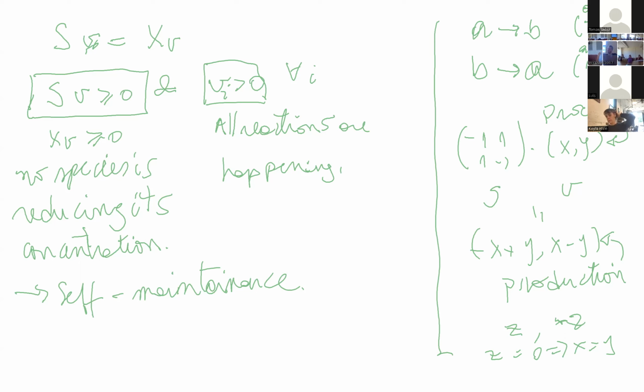If it's negative, it means that the species' concentration is going down. It's reducing. It's a species that is dying out. We might still have some, but it's going down in the derivative. If it's 0, it means it's maintaining, and if it's positive, it means it is growing.